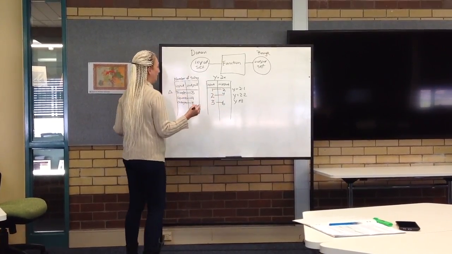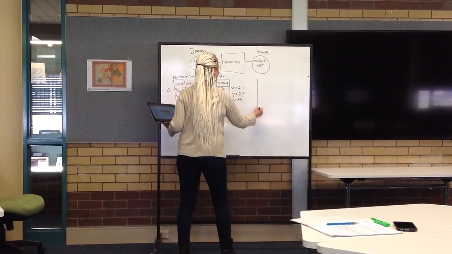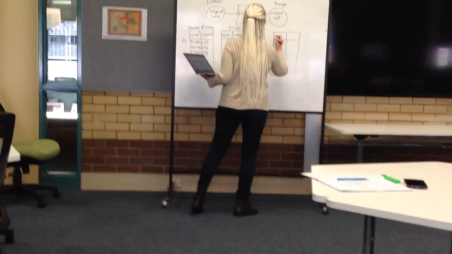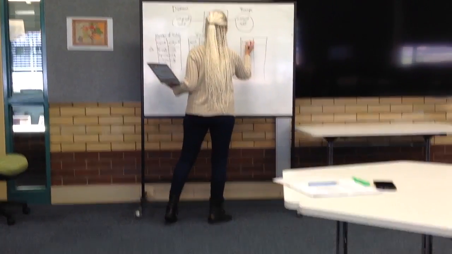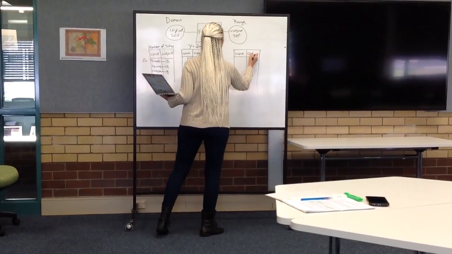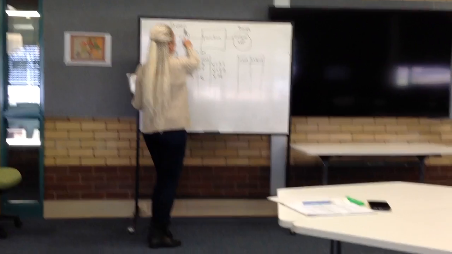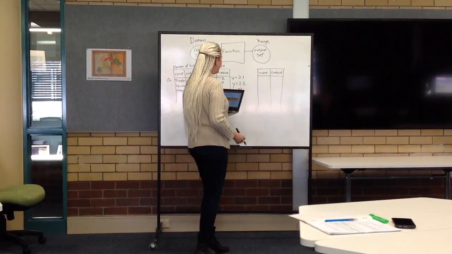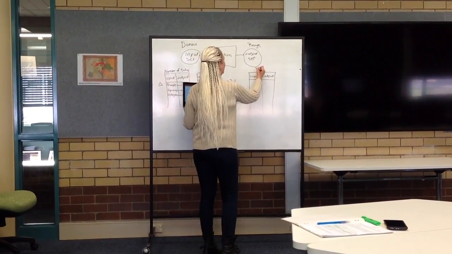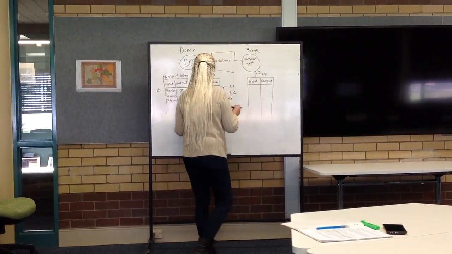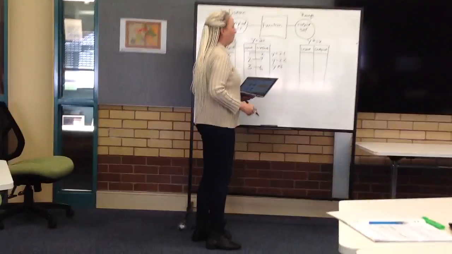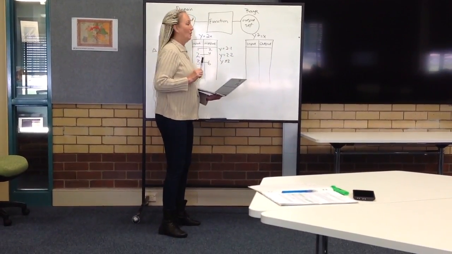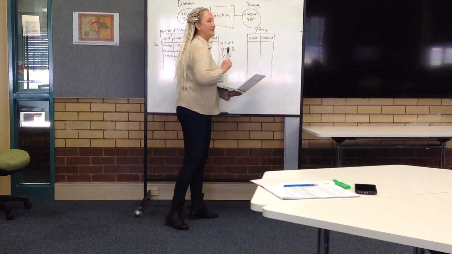Now let's get a bit tricky, okay? We have an input, an output, or a domain and a range. And let's use the equation y squared equals x. Now what do we have to do to this equation to use it here, where we have x as the input and y as the output?